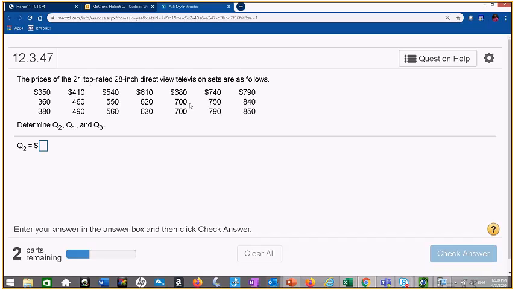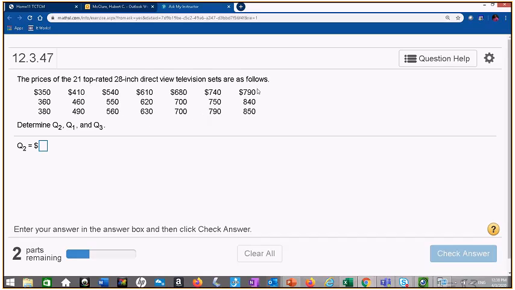Now why didn't they? Yeah, we're gonna have to do this one on the handy dandy calculator. I'm gonna show you how to do it on the calculator if you've got a TI-83. If not, I'm gonna do it on the Excel spreadsheet. So I'm gonna do both of these. Let's see if they're in order. 350, 360, 380, 410. Looks like they're in order. So that's a good thing.